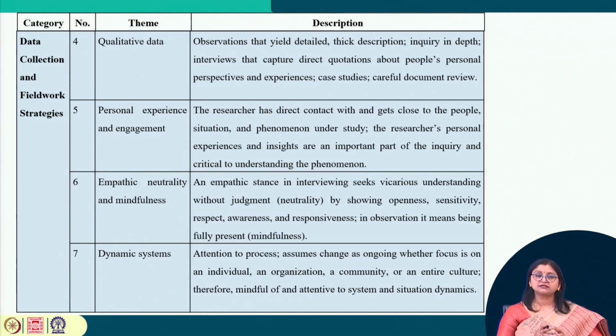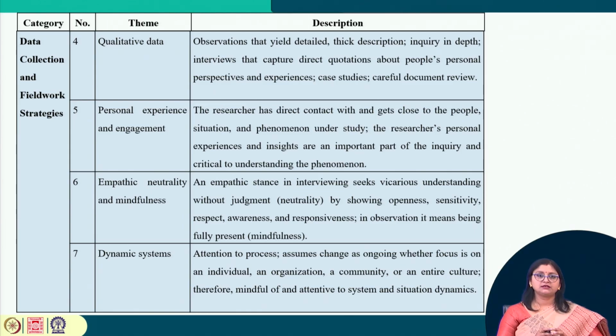Then personal experiences and engagement. The researcher has direct contact with and gets close to the people, situation or phenomena under study. Researchers' personal experiences and insights are an important part of this inquiry and critical to understanding the phenomena.